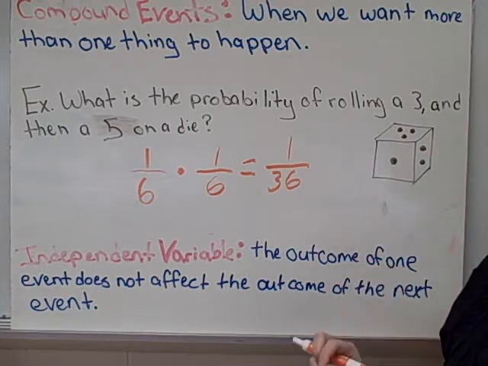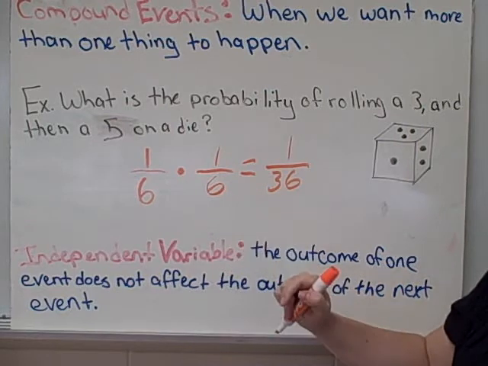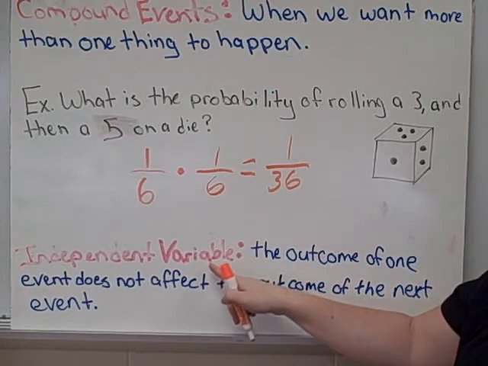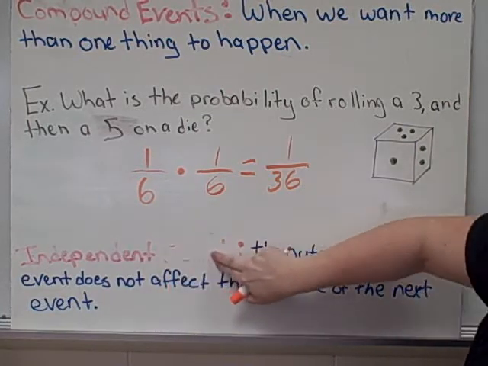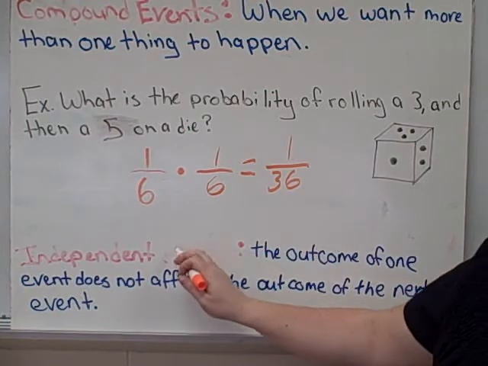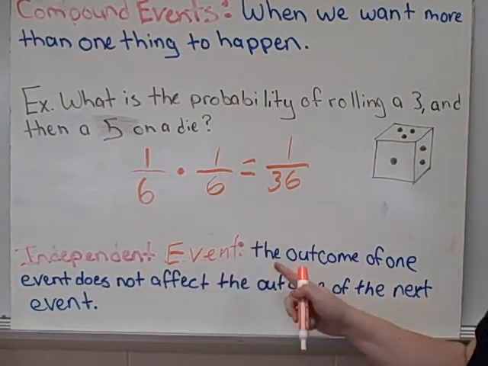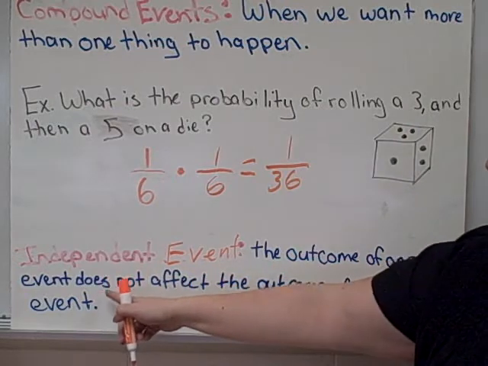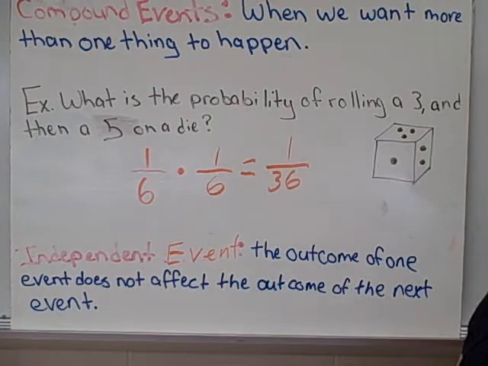Remember, this is theoretical probability. This is an independent event. The outcome of one does not affect the outcome of the other event.